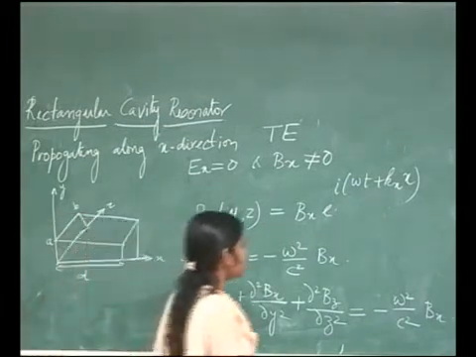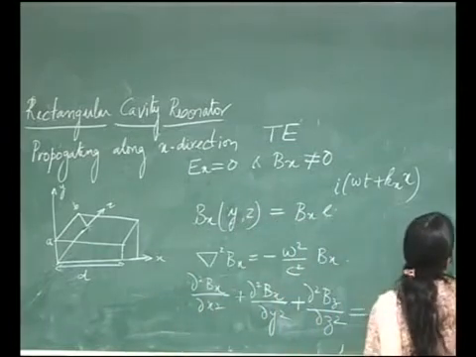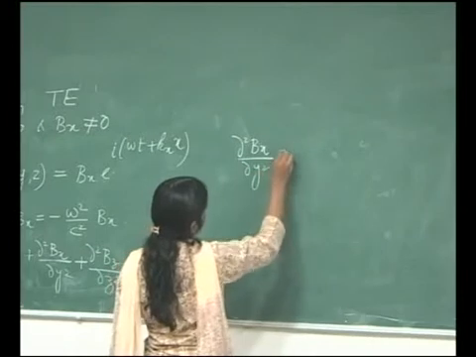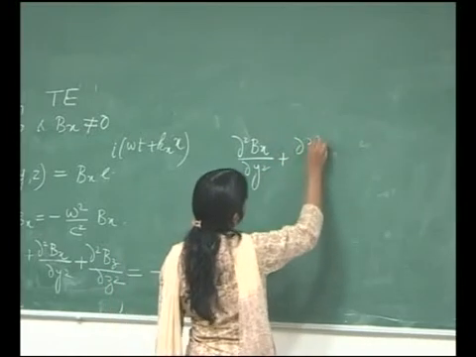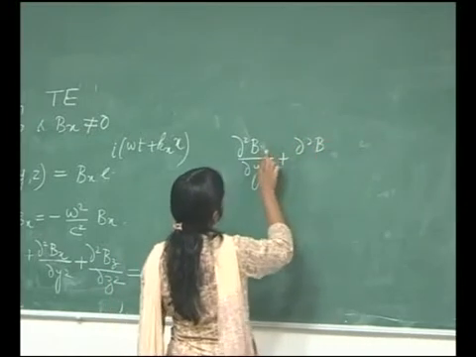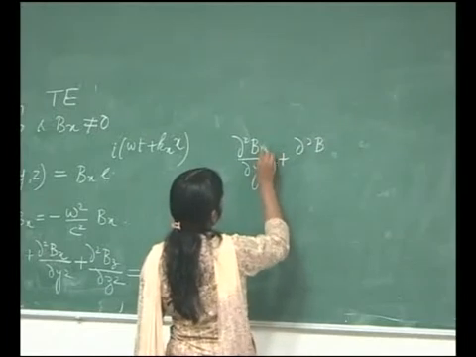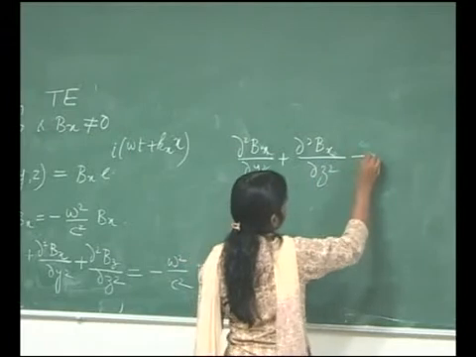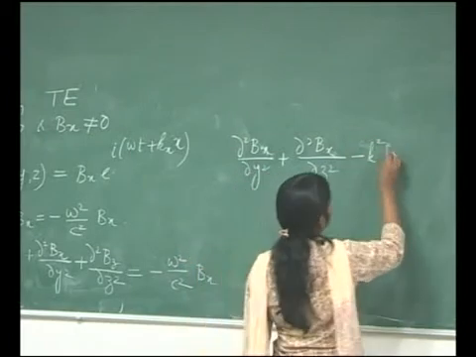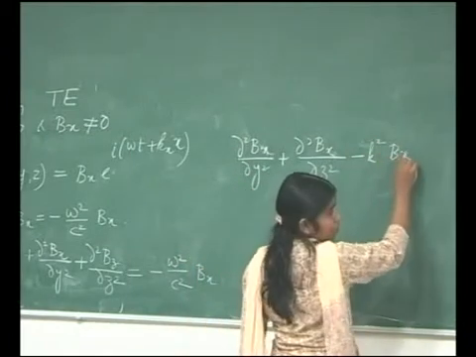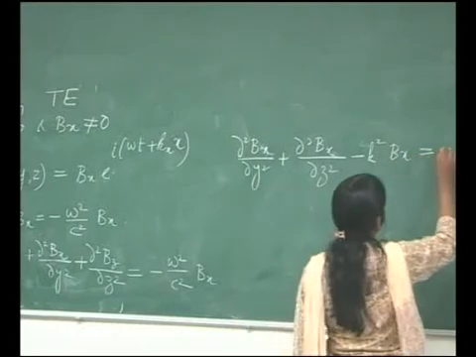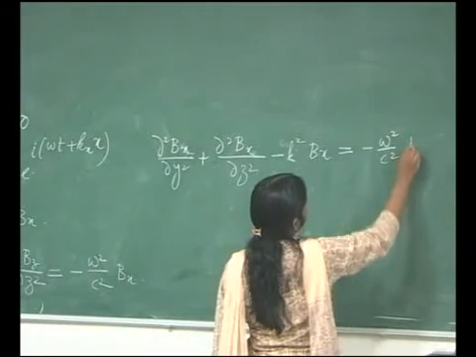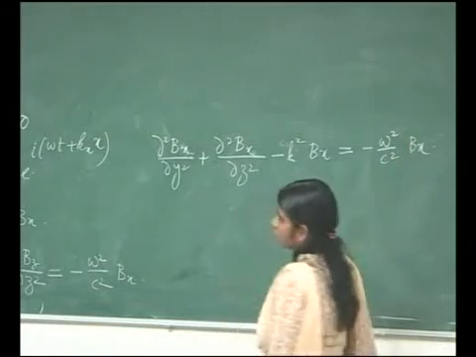So I can write this equation as del 2 Bx by del y square plus del 2 Bx by del z square minus kx square Bx is equal to minus omega square by c square Bx. ठीक है ये?